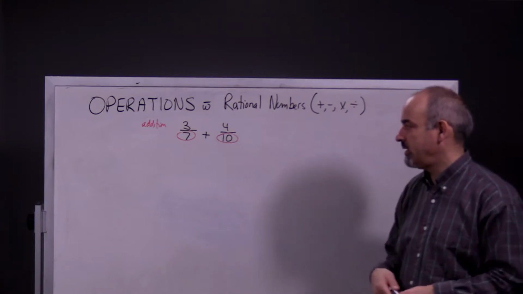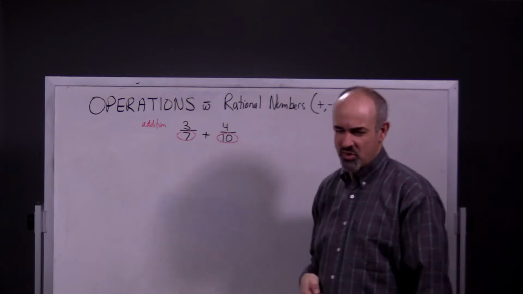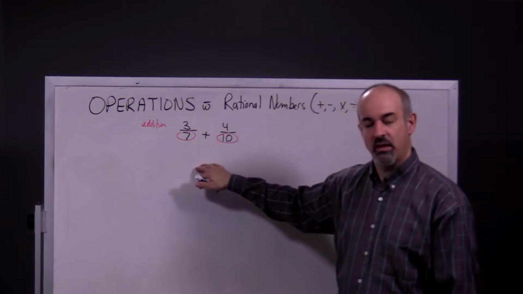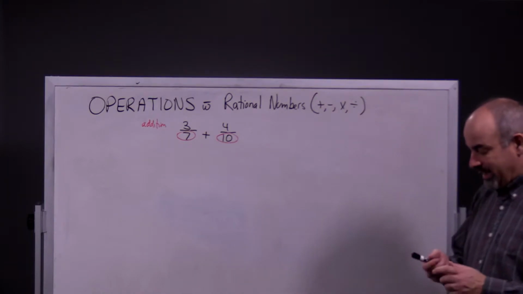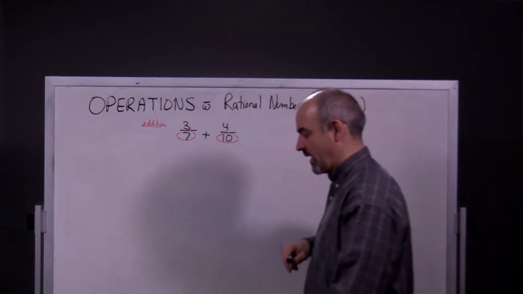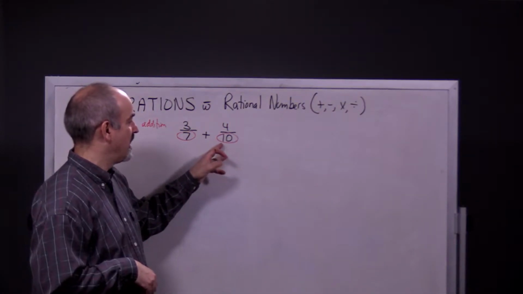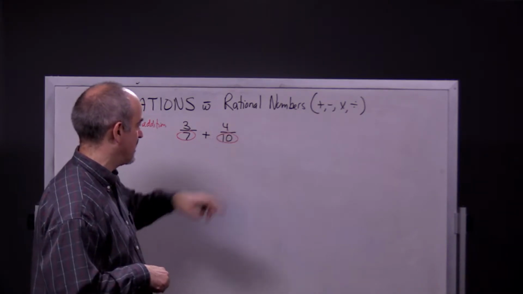You need to find the least common multiple of 7 and 10. That's also why it's sometimes called the LCD, because we want to make the denominators the same. In this example, that's why I don't like making up my own examples; I'd rather have you give me examples. But you can see that this fraction here is not simplified.